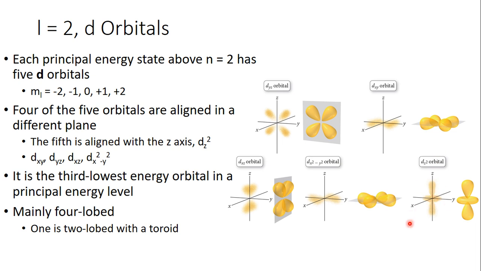You get some really funky shapes when you start looking at the d orbitals. So we're not going to look at the probability distributions for these, but you can see you have many nodes now in these d orbitals. But all you need to do for this class is be able to tell me the different m sub L values for the d orbitals, and be able to recognize what they look like.